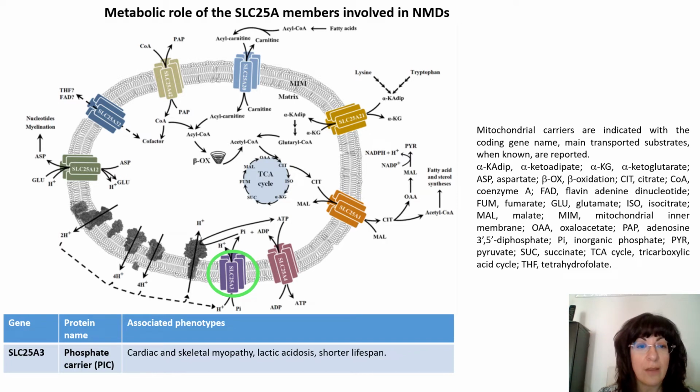In the case of isoform B, it is ubiquitously expressed but to a much lower extent. The most severe phenotype is associated with mutations which affect the activity of both isoforms, with shorter lifespan.